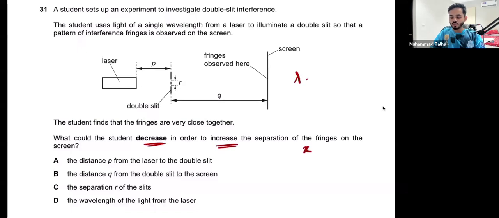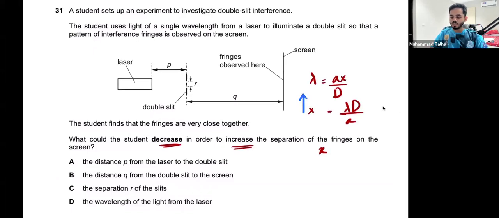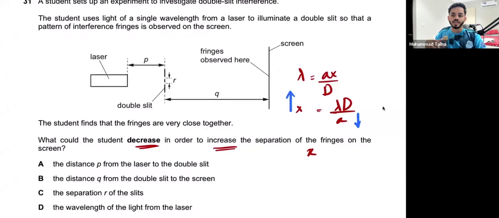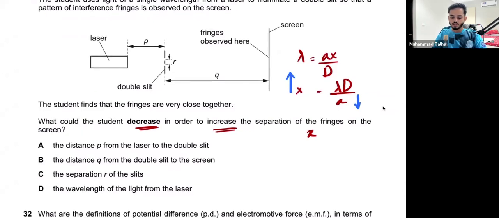So lambda equals ax over D. So x equals lambda D over a. The only thing that could increase x is a decrease in a. Right? Decrease in a is going to decrease the denominator, making the overall fraction larger. So a is the slit separation, which here is called r. The answer to 31 is C.